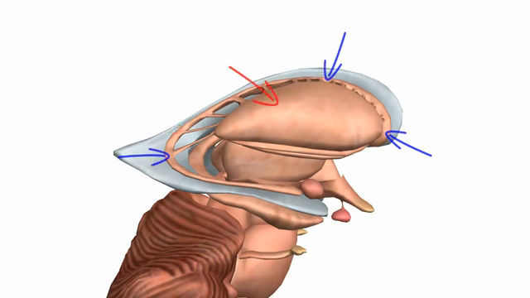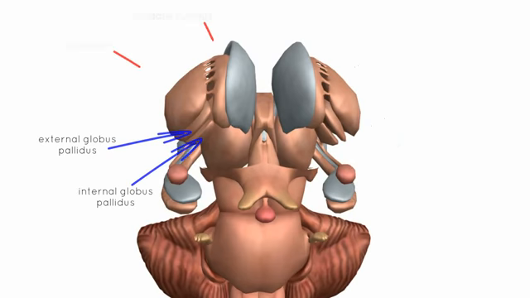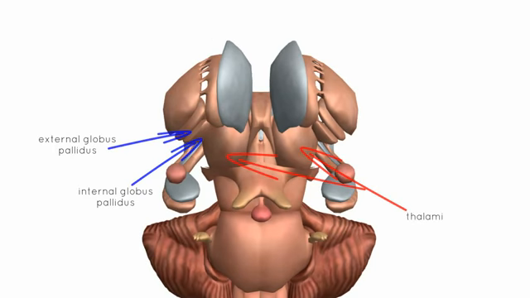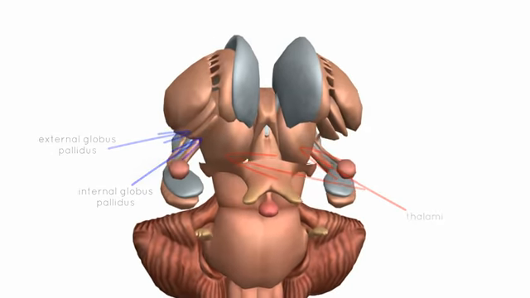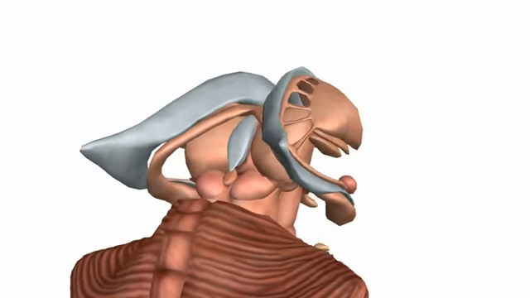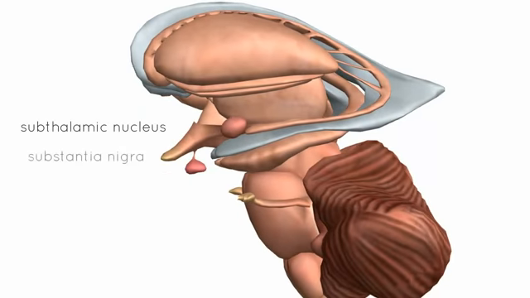You can see the putamen sitting laterally, and you can see the globus pallidus with its lateral and medial parts sitting medially. And from this anterior view, which we're now looking at, you can see our structures from the diencephalon, the thalami. So these sit medial to the globus pallidus. There are also two other components of the basal ganglia, which are the subthalamic nucleus and the substantia nigra, which I'll show you in another tutorial.